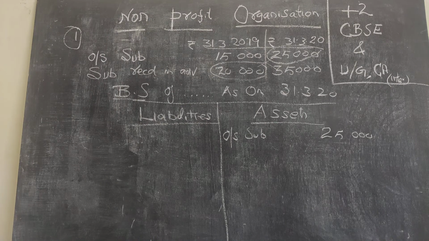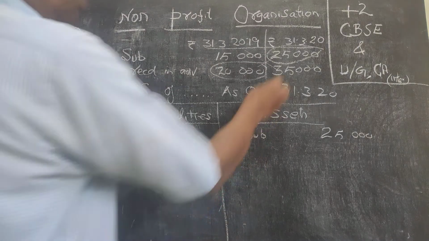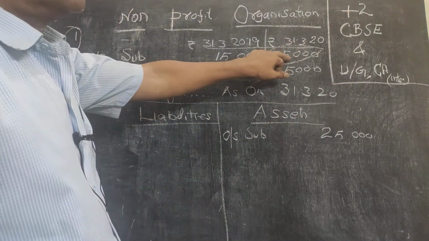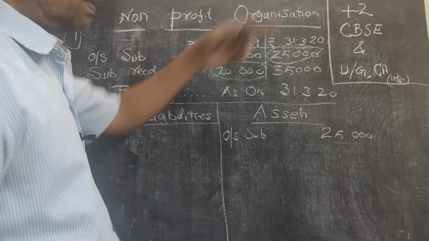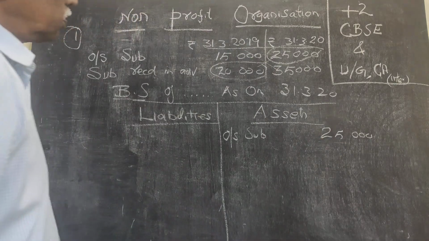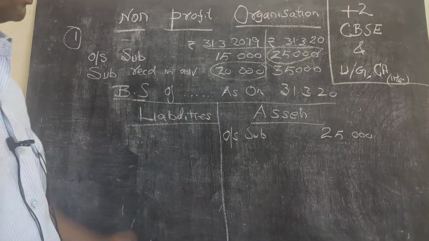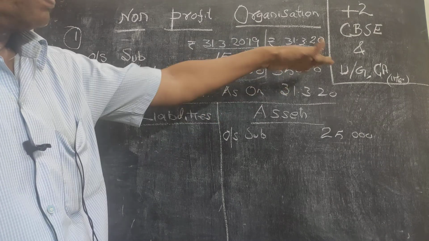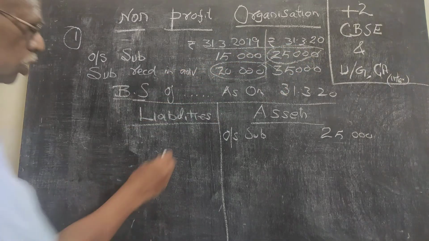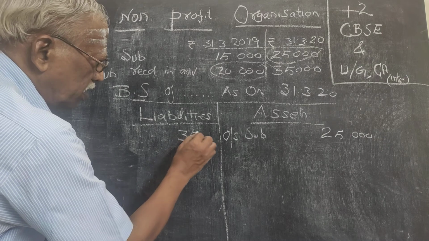The outstanding subscription of this year, that is accrued subscription but not received, is an asset. So we are putting it here. If that is an asset, then subscription received in advance during this year but pertaining to the next year will be a liability. So put that 35,000 here.